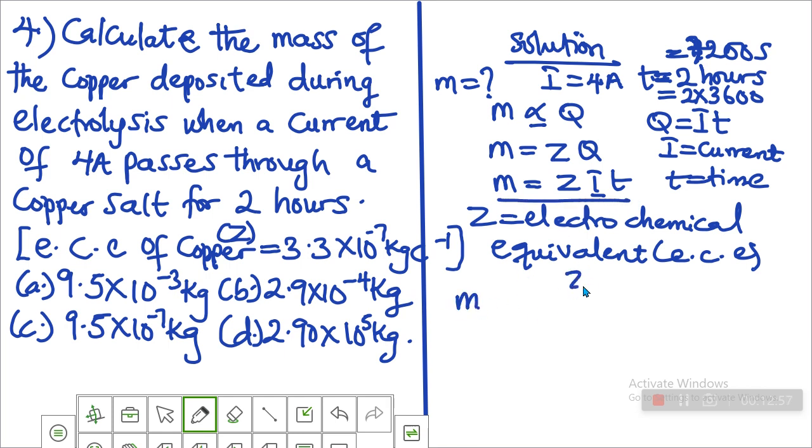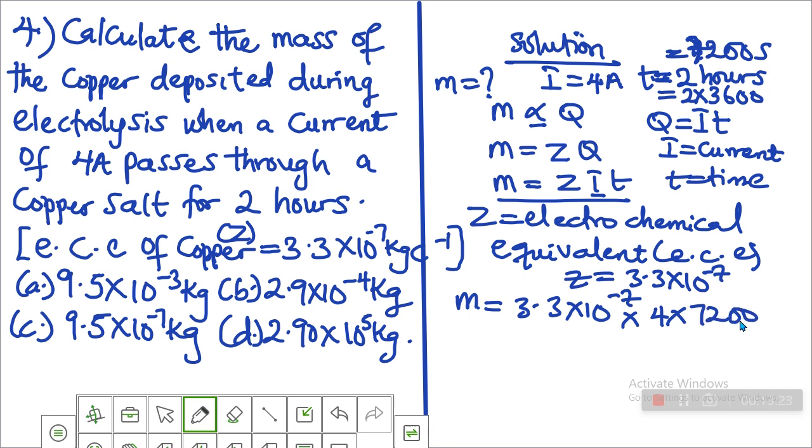Now, the formula we are using is M is equal to ZIT. They've given us Z, which is 3.3 times 10 raised to power minus 7. So what is our M now? Our M will be 3.3 times 10 raised to power minus 7 times our I, which is 4, times our T, that is 7200.